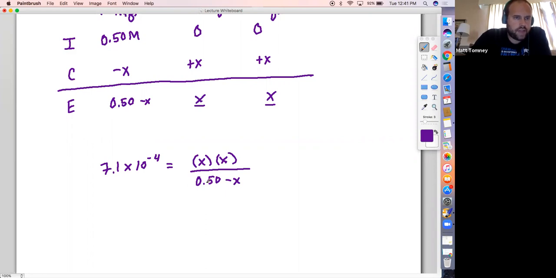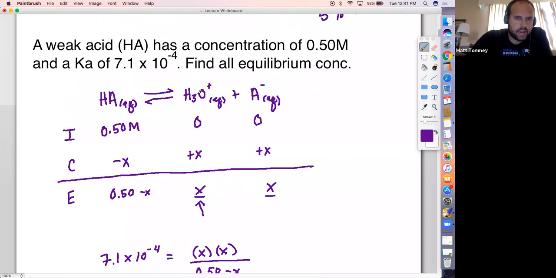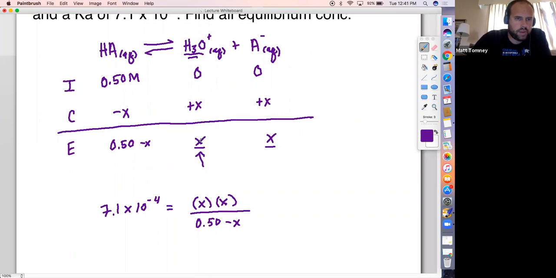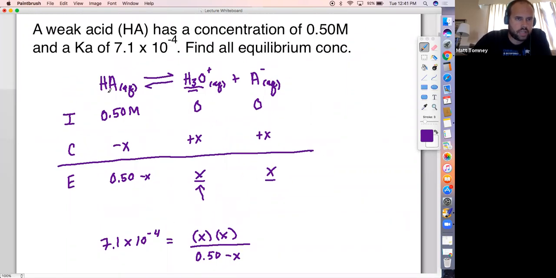Okay, so this is where the 5% rule comes in, if you were to originally say you were going to solve a quadratic. What the 5% rule says is that x is going to be small because, like we said at the beginning, a weak acid should generate relatively little amounts of H3O plus. So H3O plus, which is represented by x, should be fairly small compared to the initial concentration of HA.